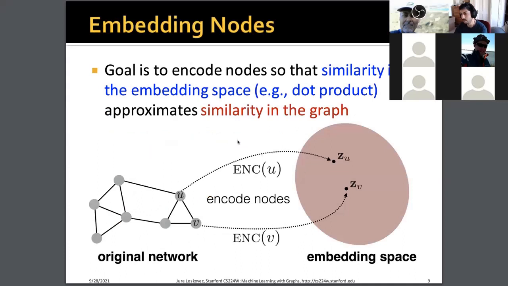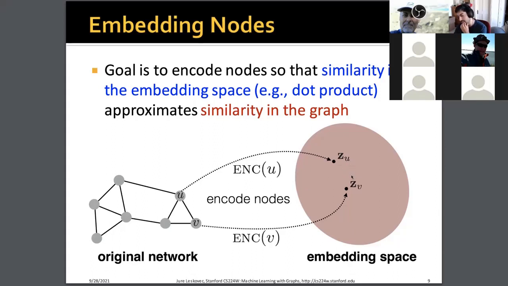So the whole motivation behind doing this is to actually make it so we can take node U and node V, and then we can encode them in some embedding space, and that will put them in places that are close to each other. So if U and V are similar nodes, then we want them to show up close to each other.